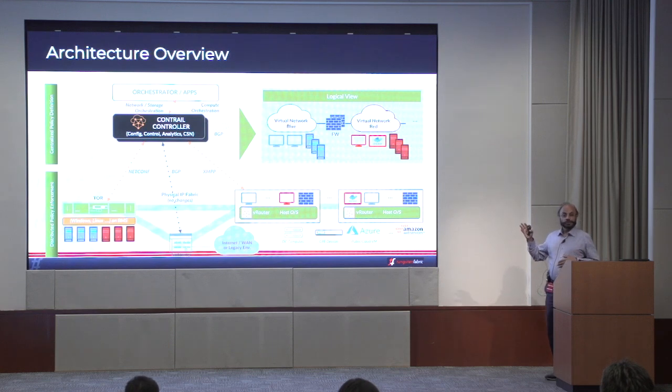There are customers who are running in excess of 25 million customers in production. In other words, it can scale to a very, very large number. There are very large providers who are running 30 to 40,000 servers using this in production.